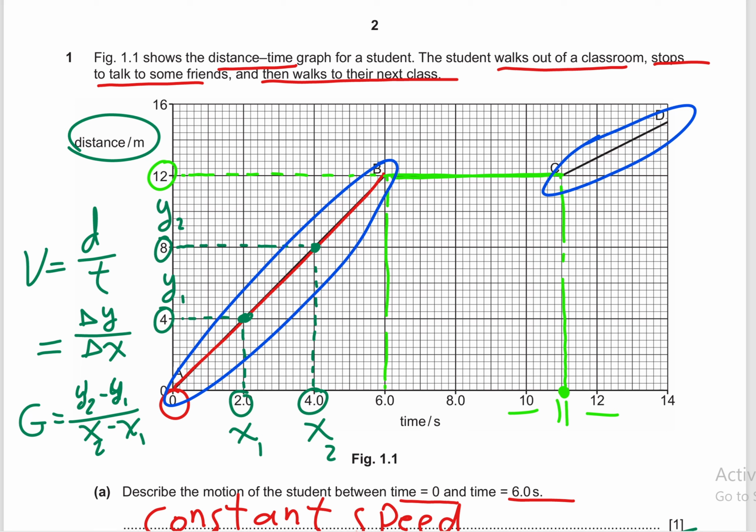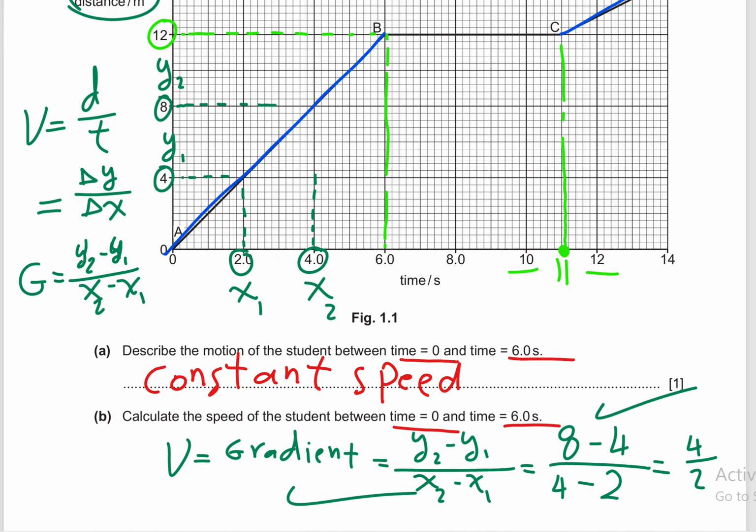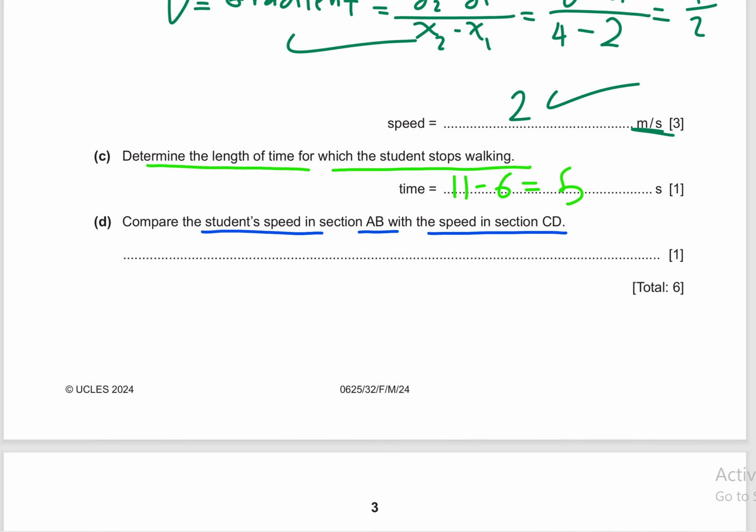We notice that in part AB, the line is steeper. Let me erase everything to make it clearer. So this line here, AB, is steeper than CD, which means the speed in AB is bigger. And that's what we should say.